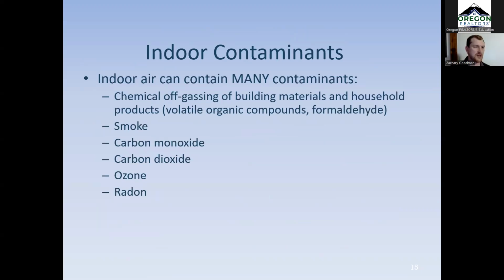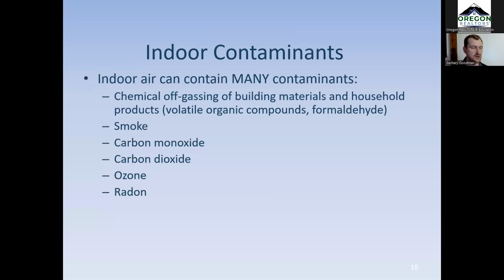So when we talk about indoor contaminants, mold being one of them, we talk about it in a bit more of a broad approach. Mostly because when we get phone calls, sometimes it's, I don't know what is in my house that's causing me to be sick, but there's got to be something in here that's causing it.